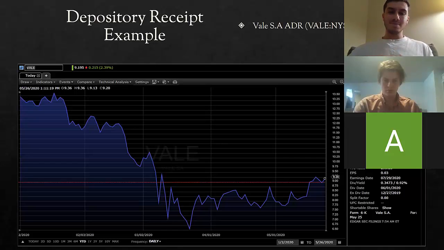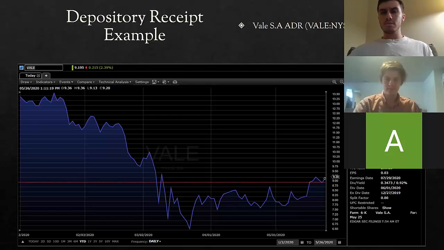So you're going to have a big bank that buys up a number of shares, for example, let's take Vale, let's say 10 million shares outstanding. They're going to buy that first party directly from Vale internationally. They're going to be paying a conversion fee from US dollars to currency in Brazil. I'm not exactly sure what that is. So they're paying directly from Vale or from an international marketplace, and they're bringing those shares to the US marketplace.